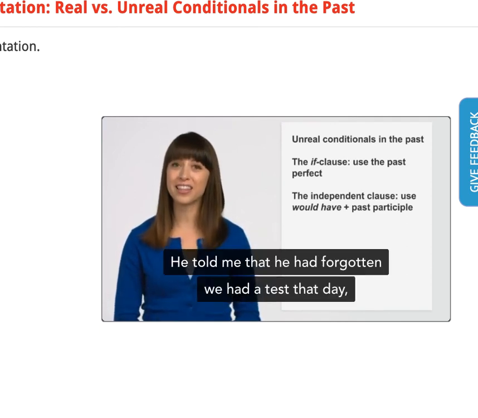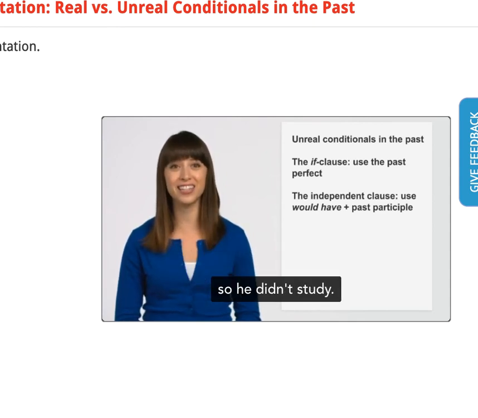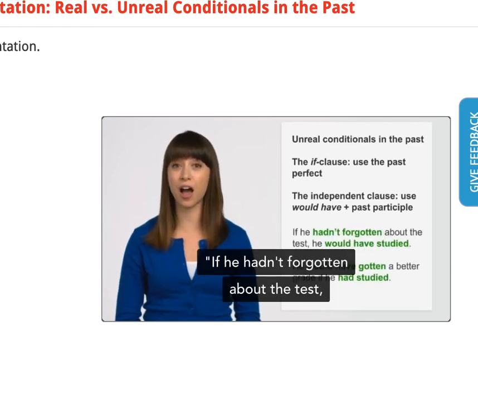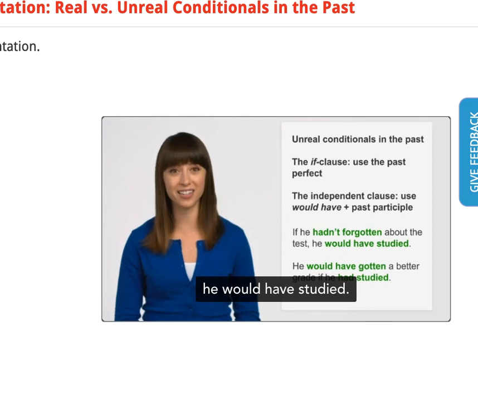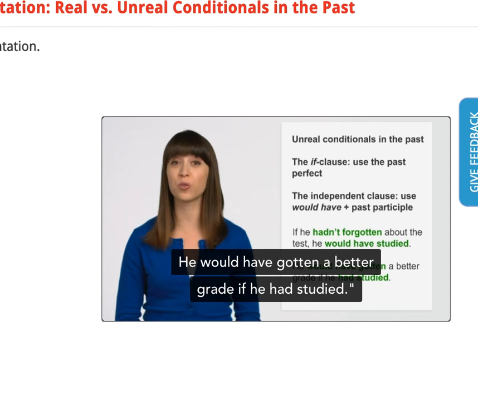He told me that he had forgotten we had a test that day, so he didn't study. If he hadn't forgotten about the test, he would have studied. He would have gotten a better grade if he had studied.